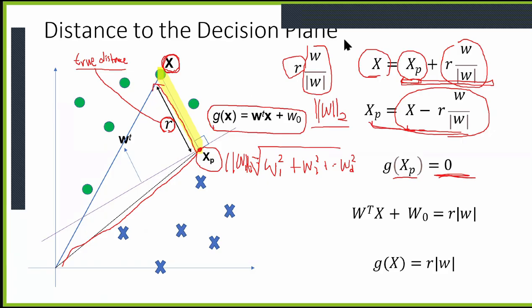Is everybody following me? Right. So if we replace the generic x with xp, which is basically plugging this in.